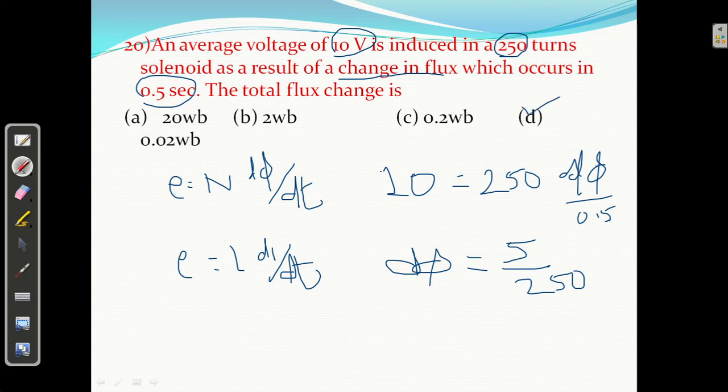The correct answer is D. So the answer for 20 is D, 0.02 Weber.